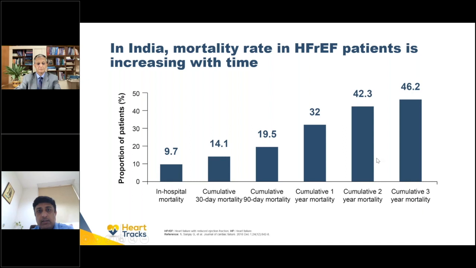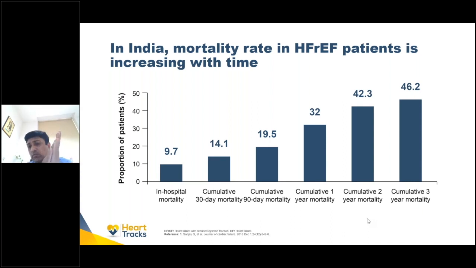When we look at the mortality of these patients, it increases with every month, every year. The in-hospital mortality is around 10%, which increases up to 30% at 1 year. At 3 years, it may reach up to 50%, and a 60% unadjusted 5-year mortality rate has also been reported.